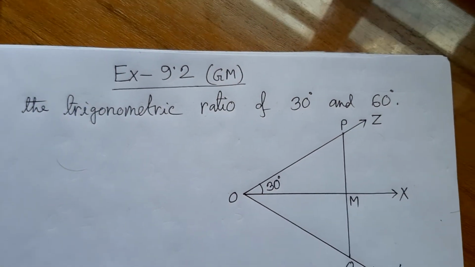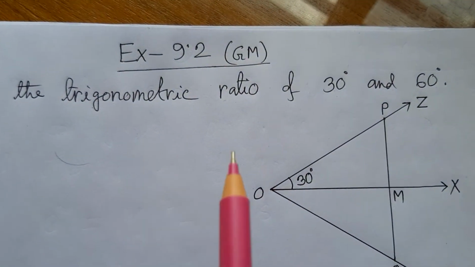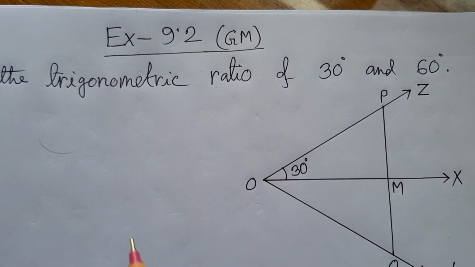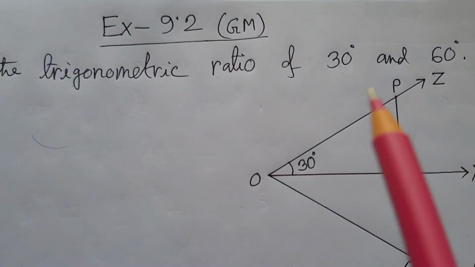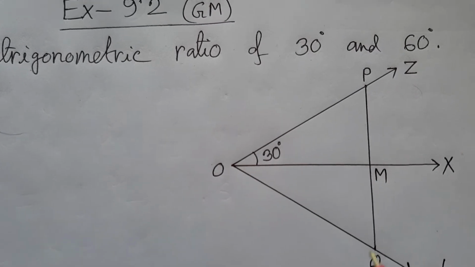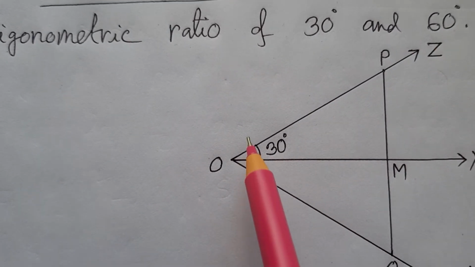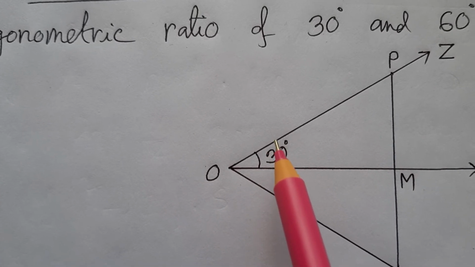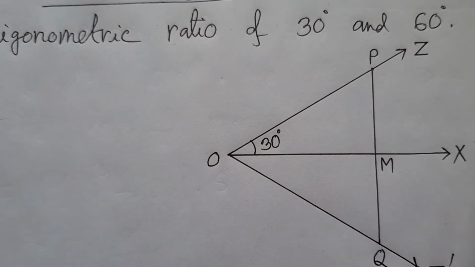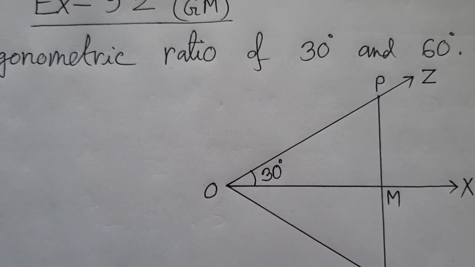So at first we start the proof of these two at a time, and to prove this we draw a figure. You can see that here angle XOZ is 30 degree. We draw this angle equal to 30 degree, that is, angle XOZ is equal to 30 degree.